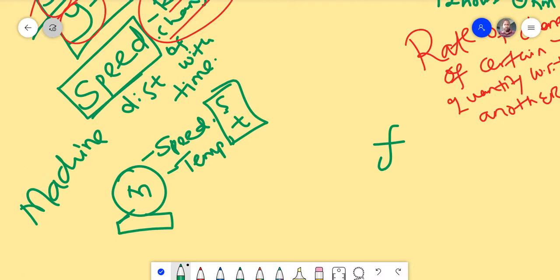So if the variables you're having are speed and temperature, the ones that are changing, I'll say my variables are a function of speed S and temperature T. But since we know that speed and temperature also vary with time, I can also say this is a function of time.